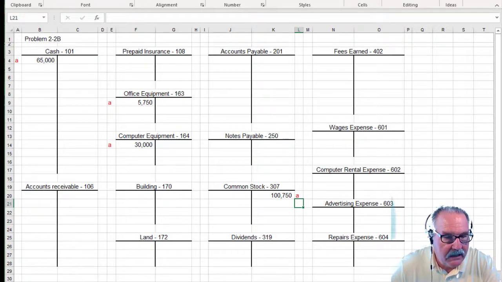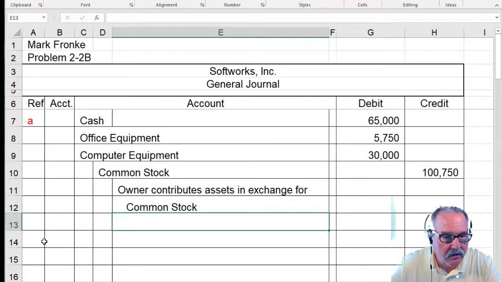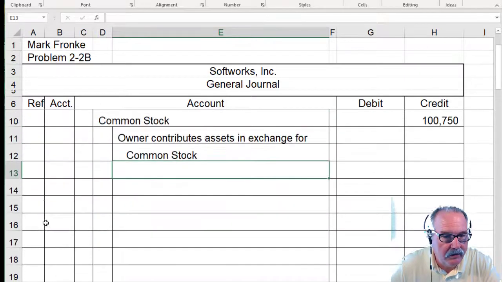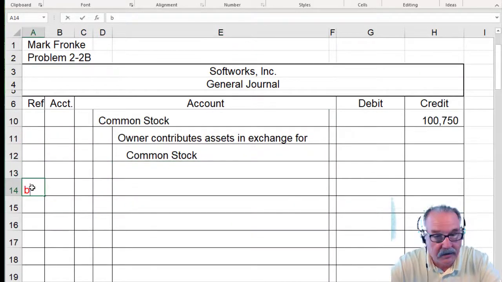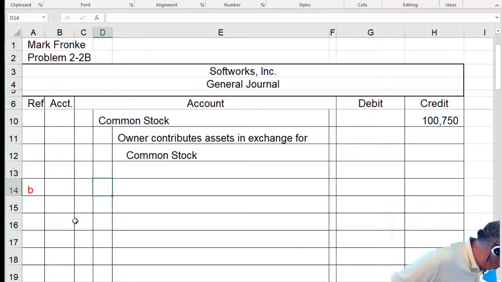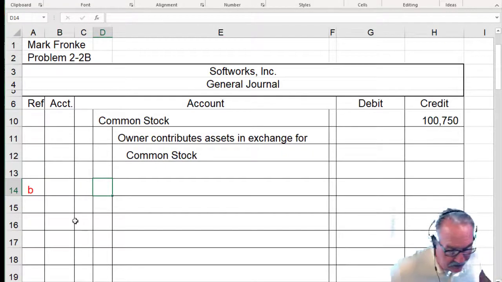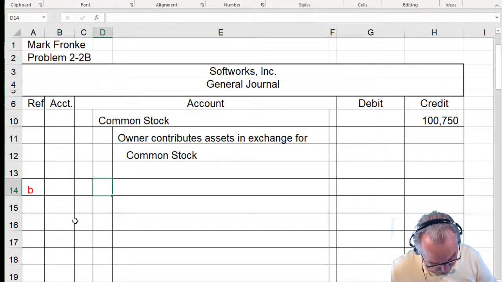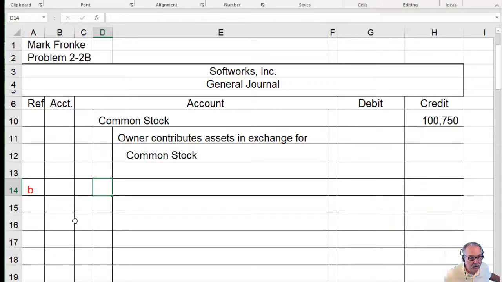Transaction B, I'm going to go back to my journal and I'm going to scroll down to Transaction B. Transaction B says, the company purchased land worth $22,000, paying $5,000 in cash and signing a long-term note payable for $17,000. So we're going to debit land.